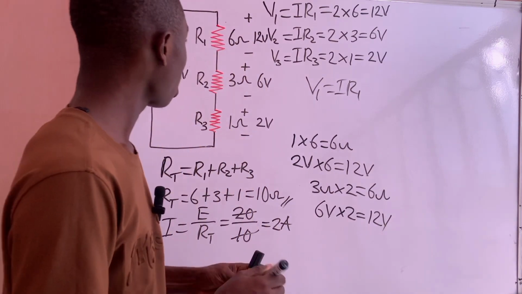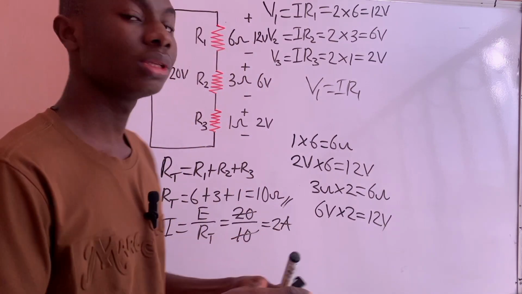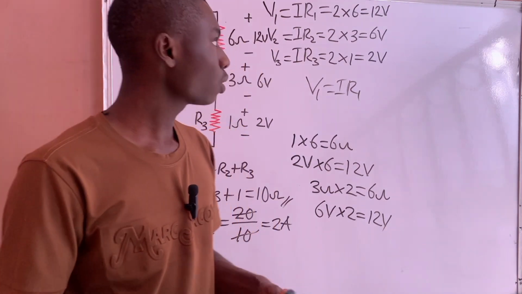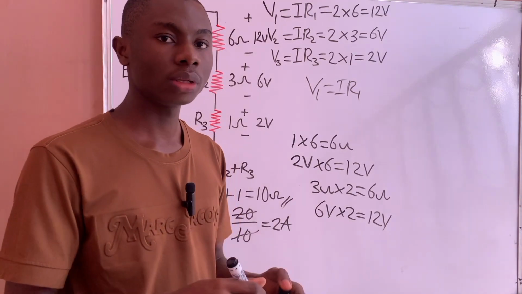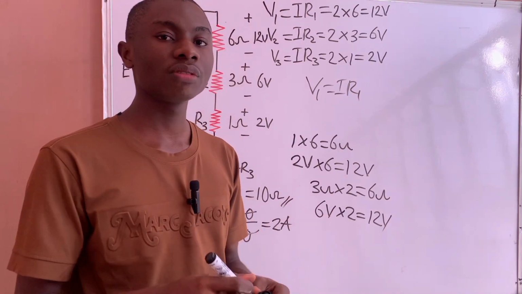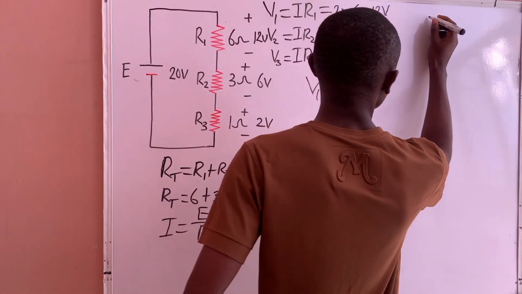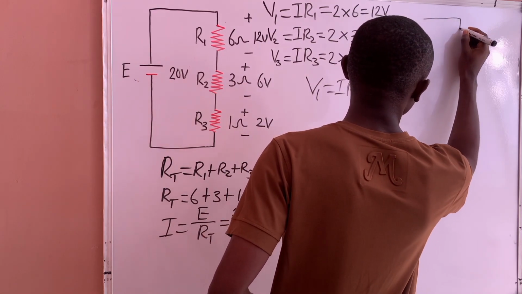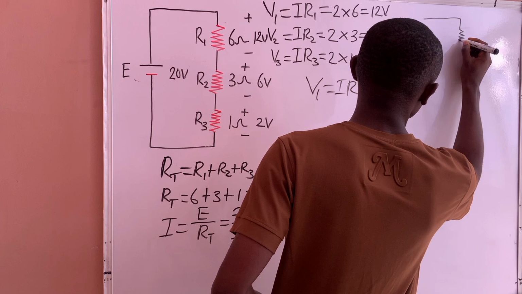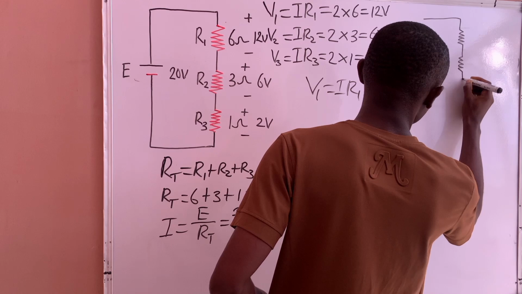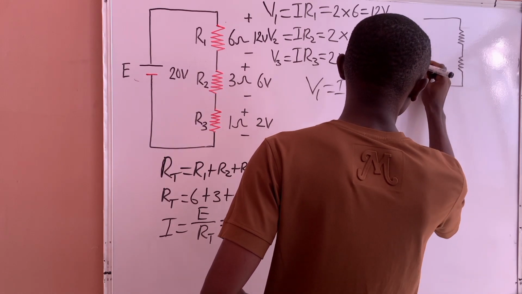Okay, and how can we derive the voltage divider rule formula? Let us derive it using this circuit. Let's say we have two resistors in series connected to a voltage source.